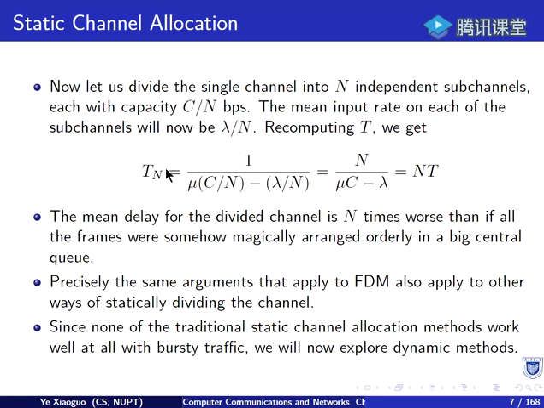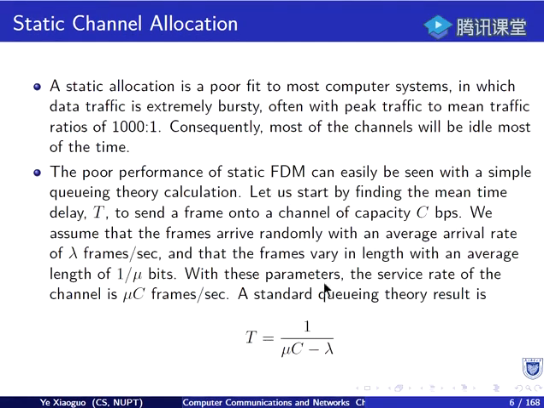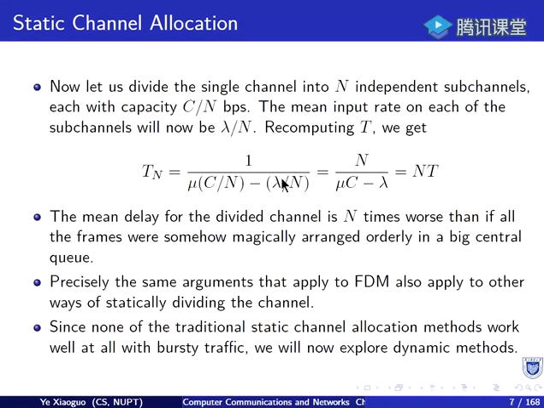So Tn is computed with the new capacity, C over n, and the new lambda, lambda over n. So we get Tn, the new T, is n times T.